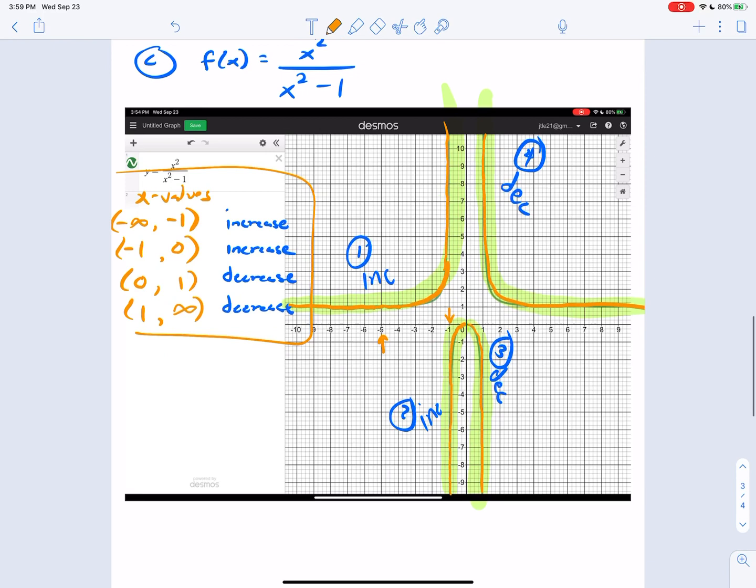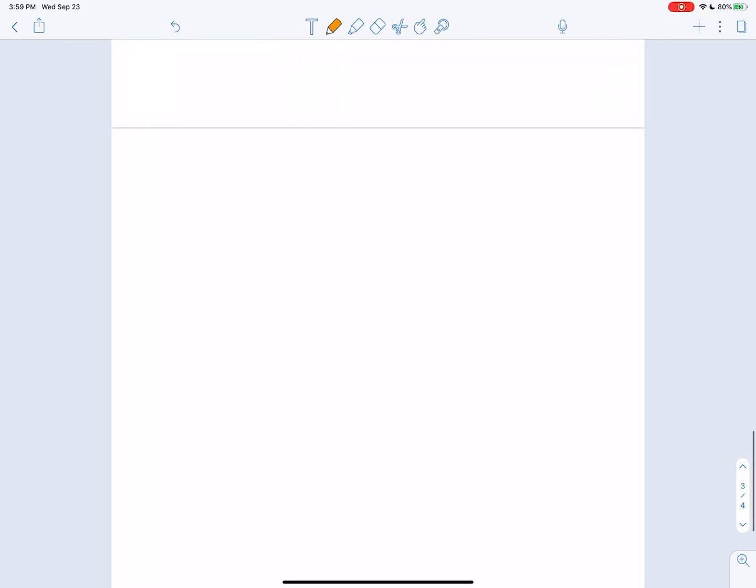Here's the last easy part. It's called boundedness, all right? Okay, so when we're talking about bounds, it sounds a lot like boundaries, okay? Think about the NBA, right? What are the boundaries in the NBA?